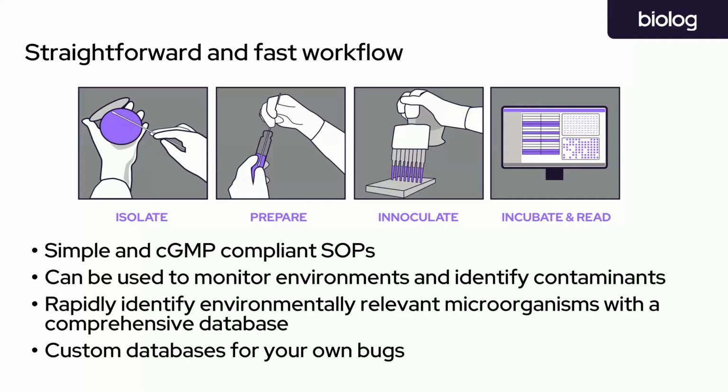And the absorbance of the plate is then read, and the ID algorithm matches the pattern that's developing in the plate with every pattern in our database until it can make a good match. So this protocol is not just simple, but it's also compliant with GMP, and it can be used as part of a regular environmental monitoring process.